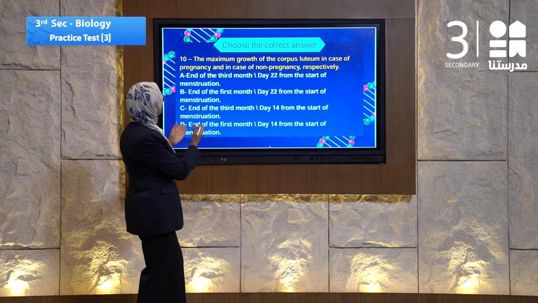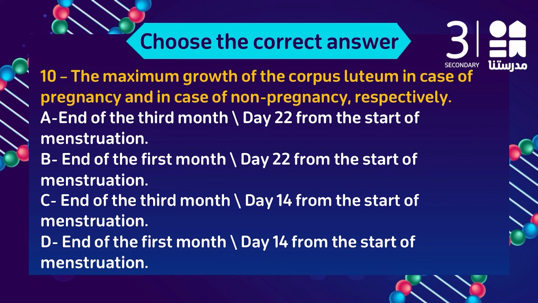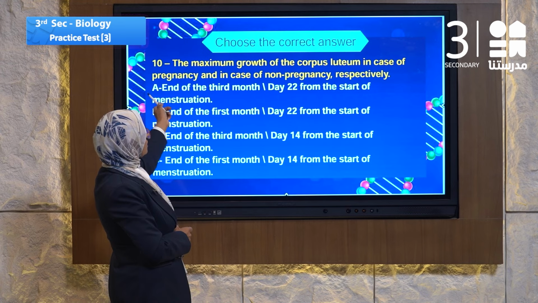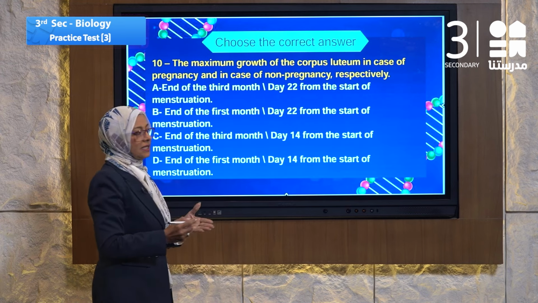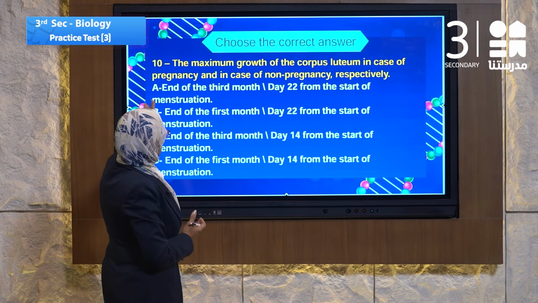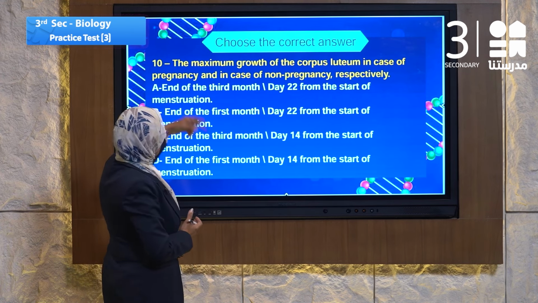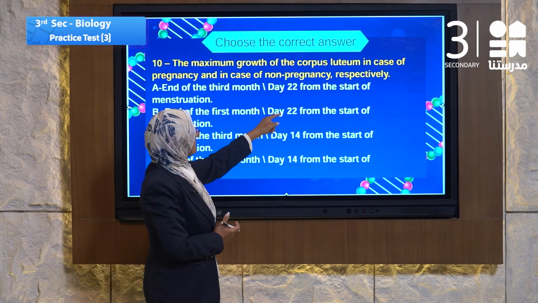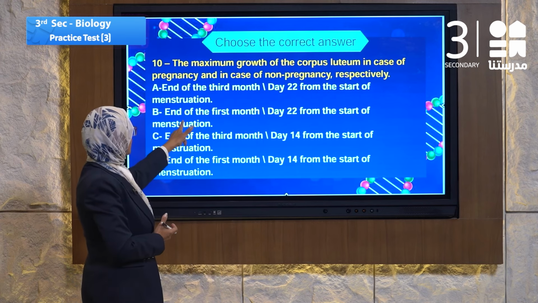Let's go to human reproduction. The maximum growth of the corpus luteum in the case of pregnancy and non-pregnancy respectively. Pregnancy first, then non-pregnancy. So let's read the choices and go to the graph. A, end of the 3rd month in pregnancy, and day 22 from the start of menstruation in non-pregnancy.